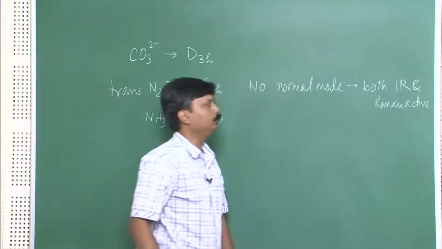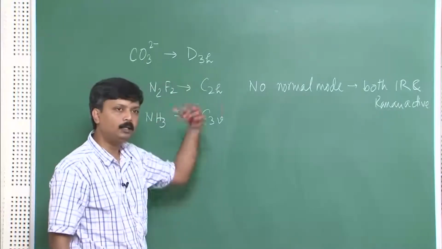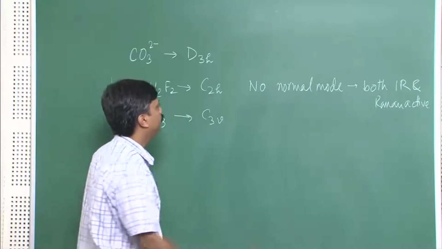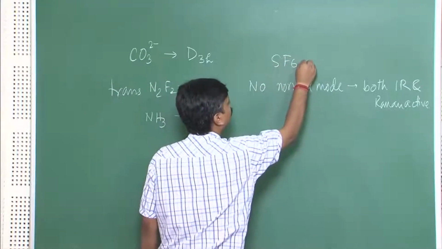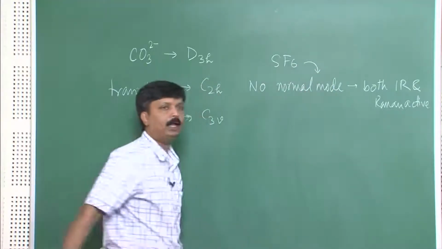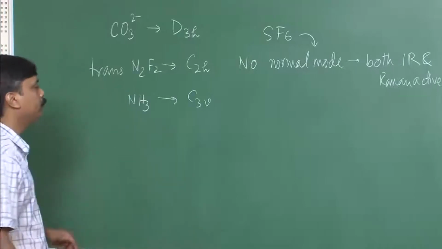Fine. So if we look at some other molecules, for example SF6, we will also see the same behavior as we see in case of trans N2F2, which is a transplanar configuration.